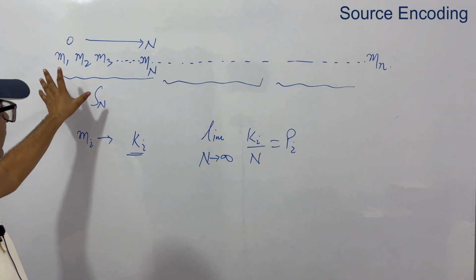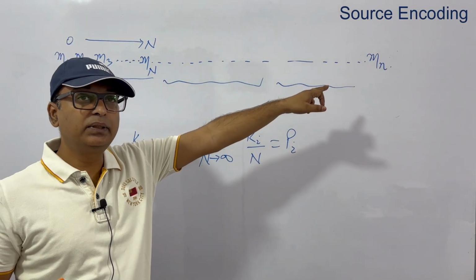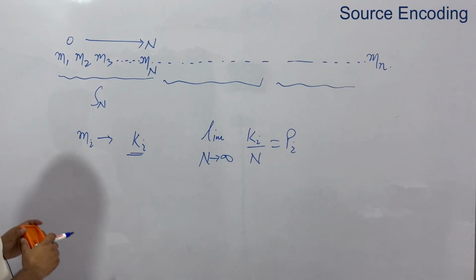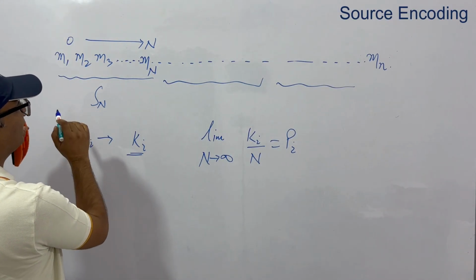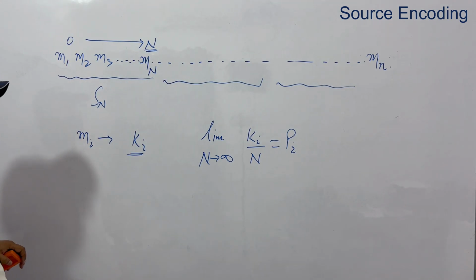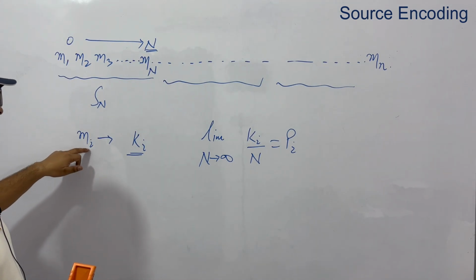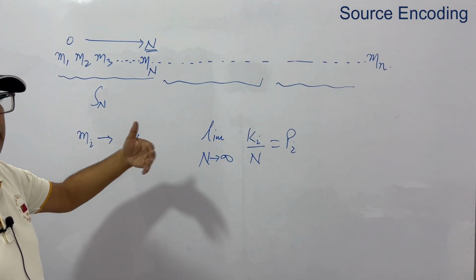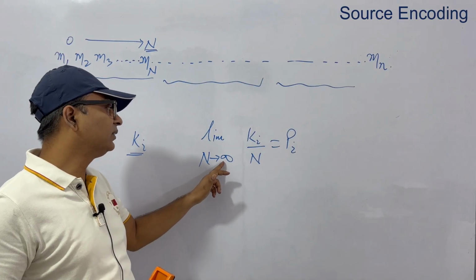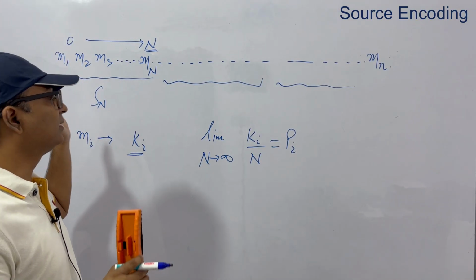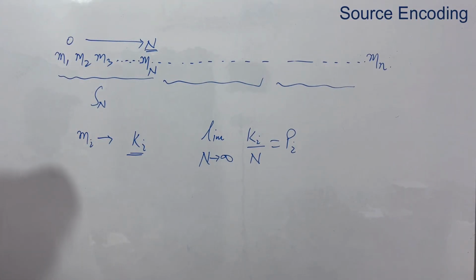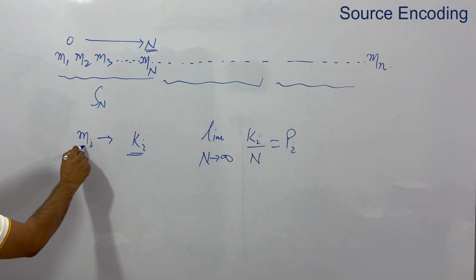Clear? We have M1 to Mn messages. We are breaking it into several pieces, where one sequence is this Sn, and in this sequence we have 0 to capital N number of messages. Let's say our ith message repeats ki number of times. Then from the definition of probability, if n tends to infinity, that is, this n is also a very large number, then ki by n is equal to pi, that is the probability of this ith message.